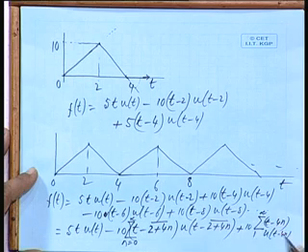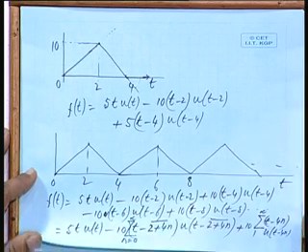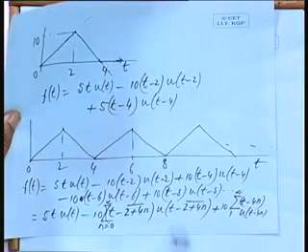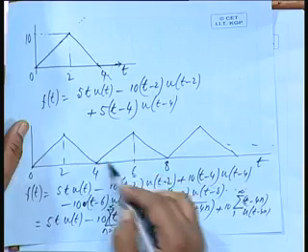Is that all right? Because the first one is 5t u(t). So, this will be the general expression for a periodic function.